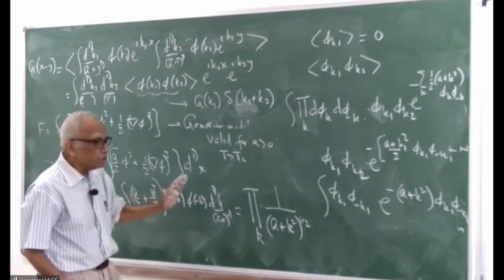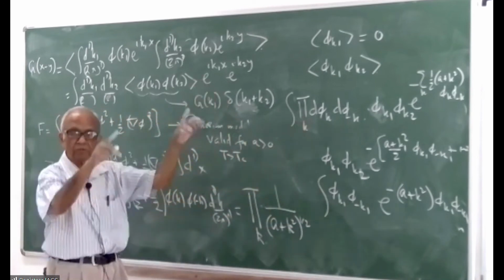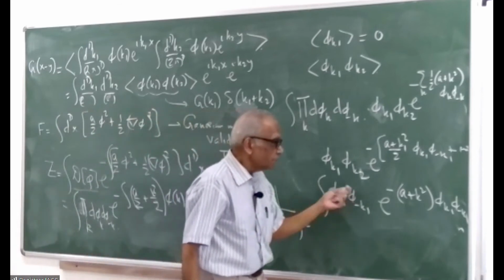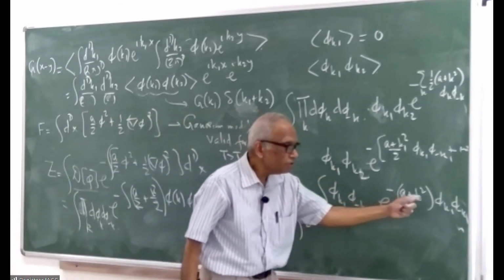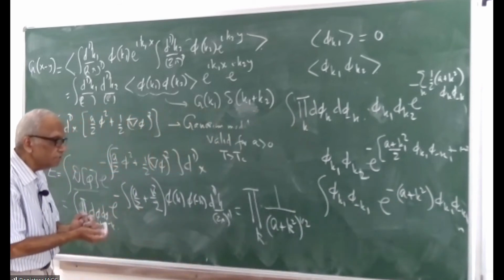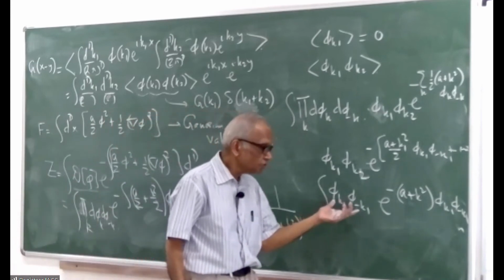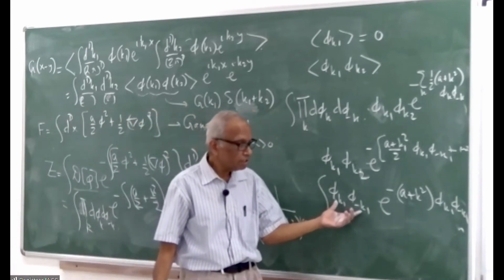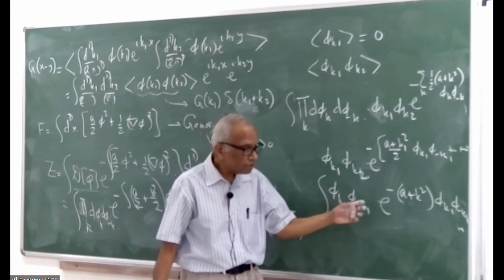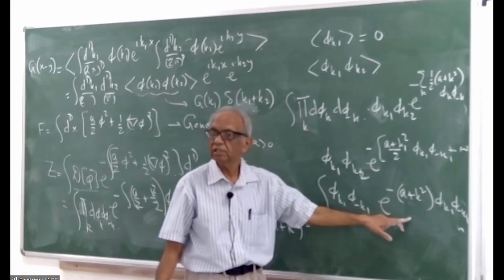So all the non-k1, non-k2 terms have cancelled out from upstairs and downstairs. It is only for this k1 over here that it is different, in the sense that you have an extra phi k1, phi minus k1, which means you are going to have an extra factor of 1 over a plus k squared.